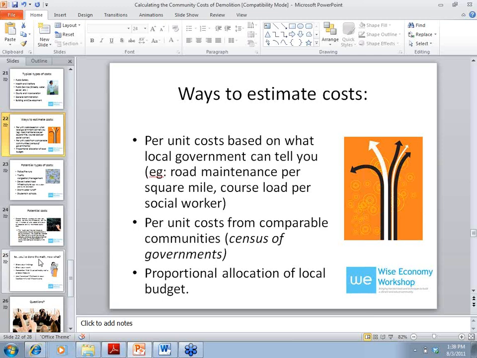And if you can figure out that a town of 50,000 spends X amount on public service, and you have a town that's basically similar physically, meaning you're not comparing an inner city, an inner ring suburb to a farm community, then you can get a sense that typical expenditure per individual, per resident, is a certain amount. Then you've got a piece of information that you can start to apply.